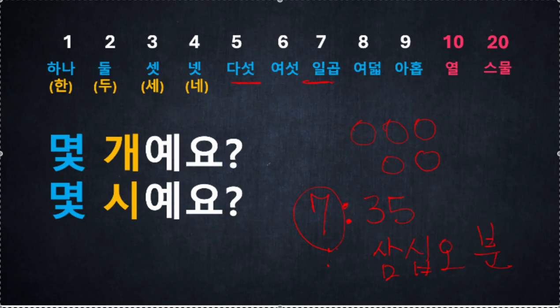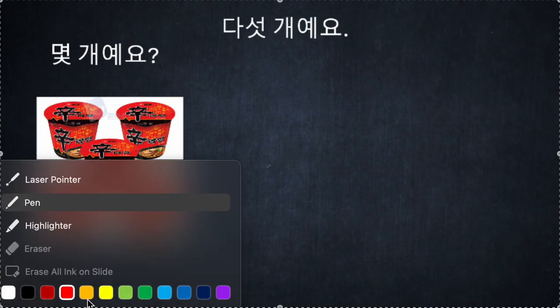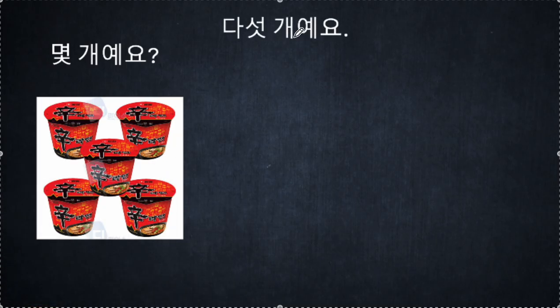35분이에요. Okay? Okay. 몇 개예요? You could try. 5개예요. How would you say there are 5? It just means there are 5. How would you say there are 5 라면?